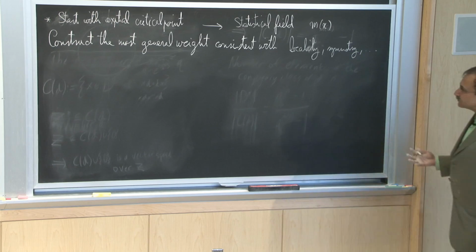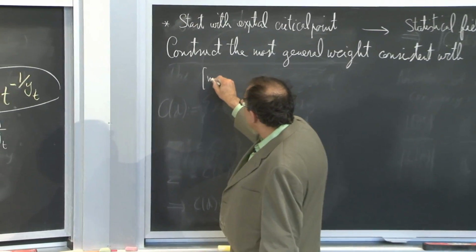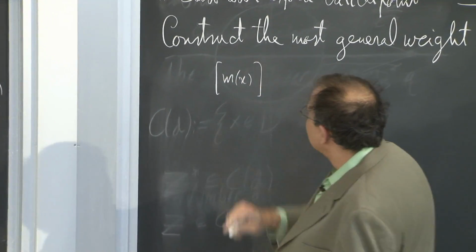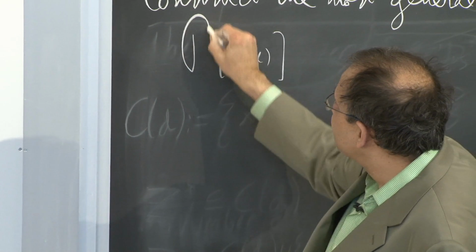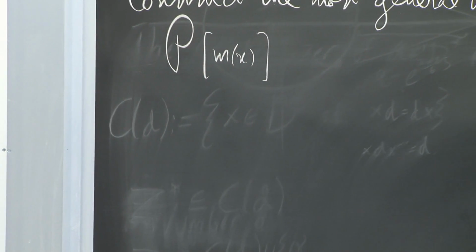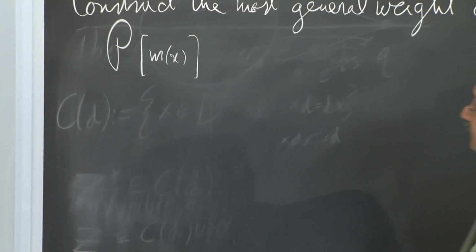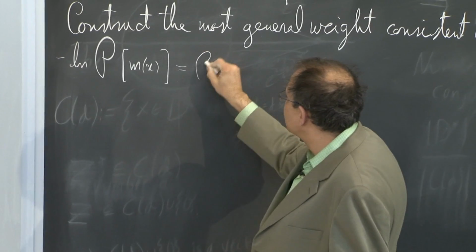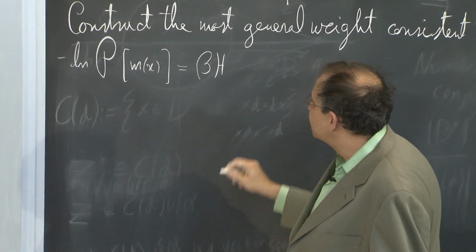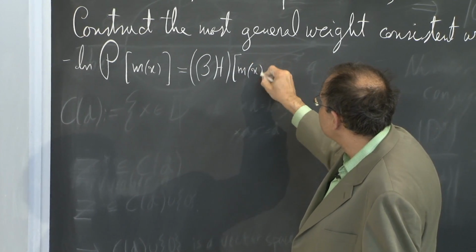Okay, so once you do that, you say, I associate with my configurations m of x some set of probabilities. The probabilities are certainly positive, so I can take the log, call minus its log to be some kind of a weight, beta H, that governs these m of x's.